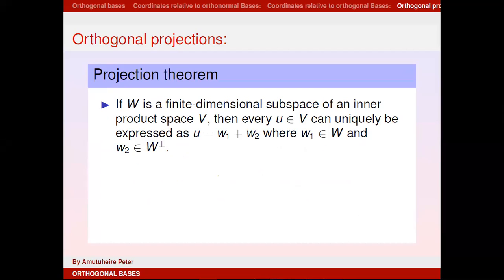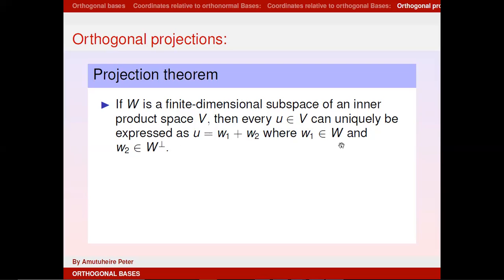If W is a finite dimensional subspace of an inner product space V, then every vector U can uniquely be expressed as W1 plus W2, where W1 is in W and W2 is in W perp. We said this is the orthogonal complement of W.